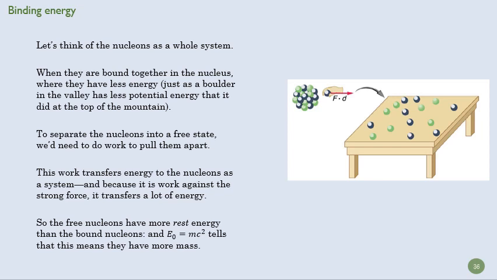Now, when we let that boulder roll down the mountain, that potential energy is converted into kinetic energy, into thermal and frictional energy, right? So we get a release of energy as that boulder rolls down the mountain. When a nucleon is pulled closer to the nucleus, we get that same kind of release of energy. Its potential energy is converted into that binding energy.